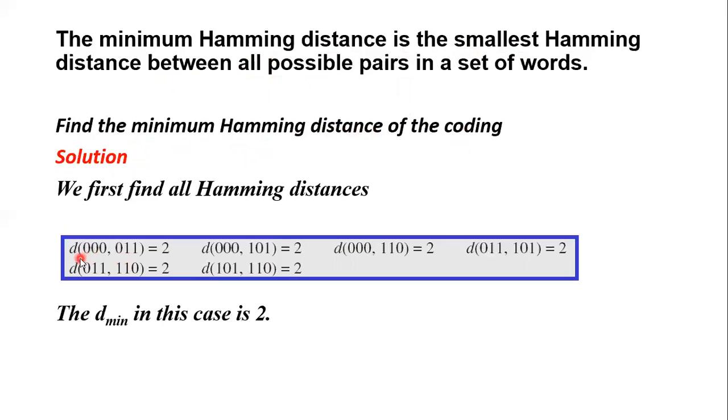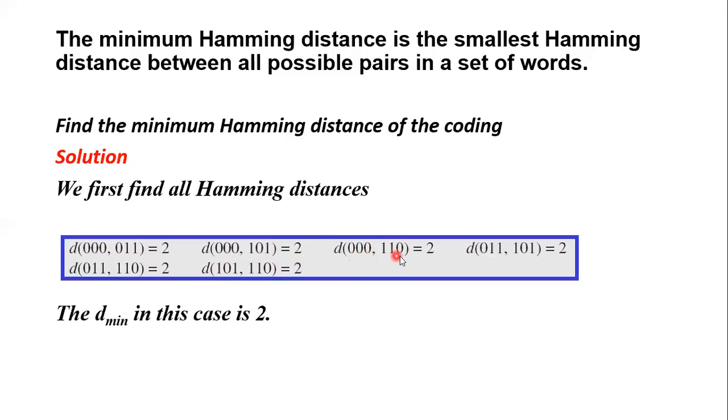Okay, so here d: 0, 0, 0, 0, 1, 1. The Hamming distance for this one: 0, 0 is 0, then 0, 1 is 1, 0, 1 is 1, therefore 2. Similarly, here 0, 1 is 0, 0, 0 is so 0, 1 is 1, 0, 0 is 0, 0, 1 is 1, therefore the Hamming distance is 2.